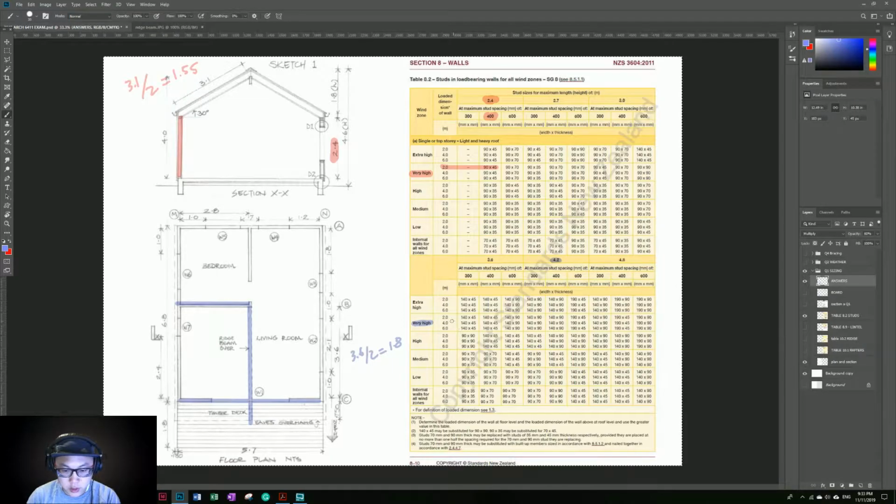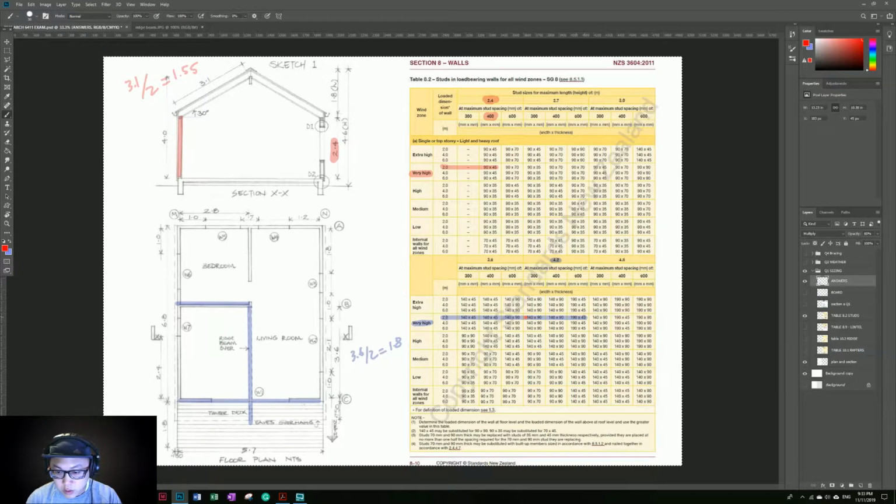If we go back to our table, 1.8 is lower than 2, so it's this one. Let me switch color.